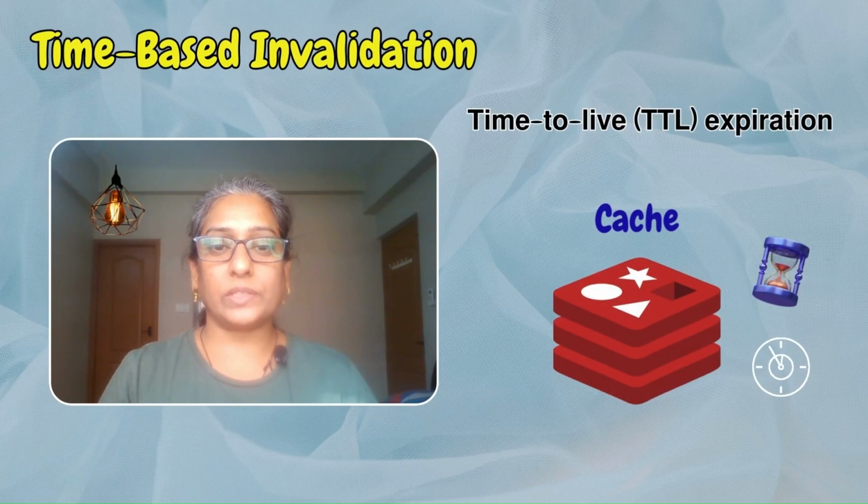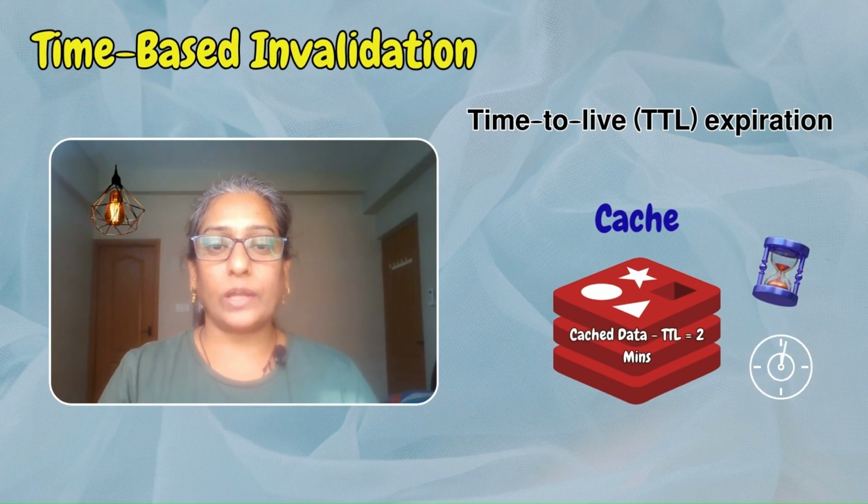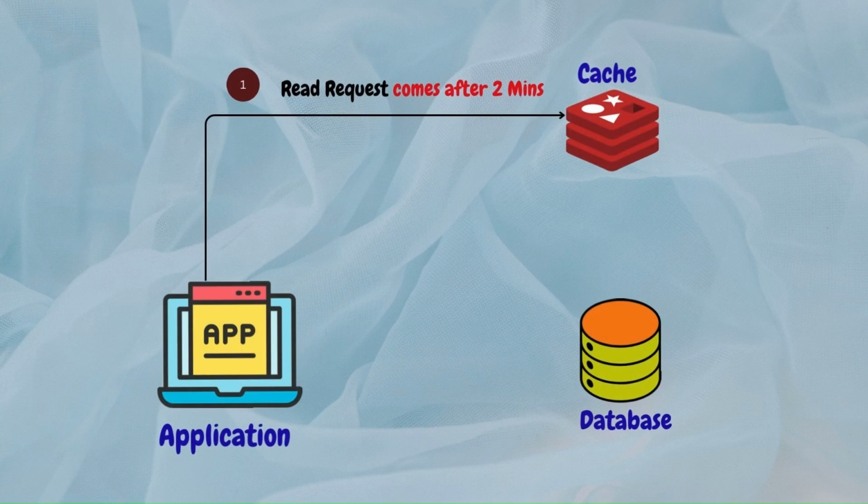Time to live expiration is a time-based invalidation method. This method involves setting a time to live value for cached content, after which the content is considered stale and must be refreshed. When a request is received for the content, the cache checks the time to live value and serves the cached content only if the value has not expired.